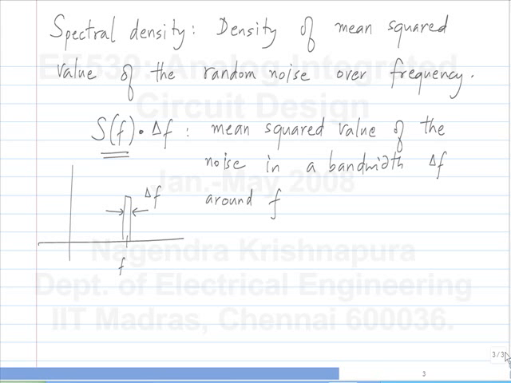In our case, the output noise will be measured either in terms of the spectral density of the output noise or in terms of the mean square value of the output noise. In case of mean square value, we have to sum the value of S of f over a certain range of frequencies. Okay.